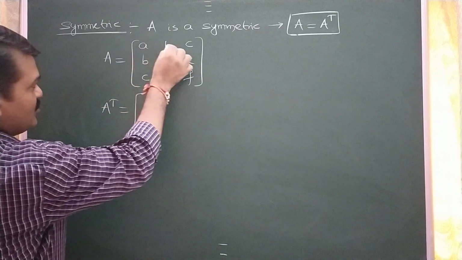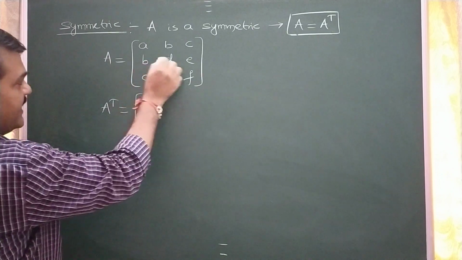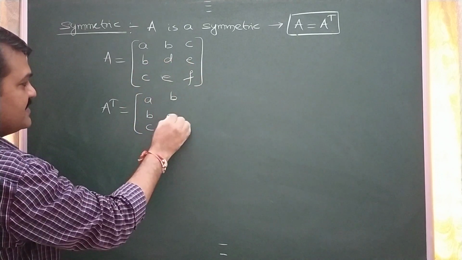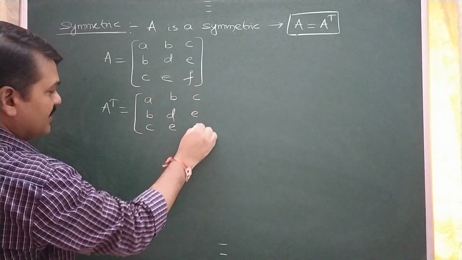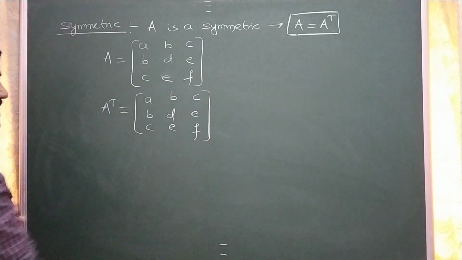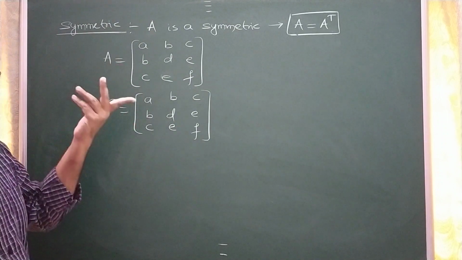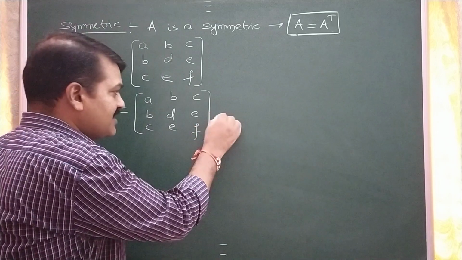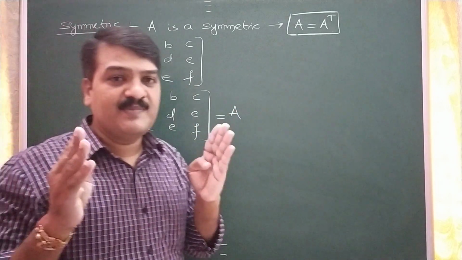So the first row is written as the first column, the second row as the second column, the third row as the third column. So are you getting the same? See? So A transpose, is it the same as A? Yes, A transpose is the same as A. So this is a simple example of a symmetric matrix.